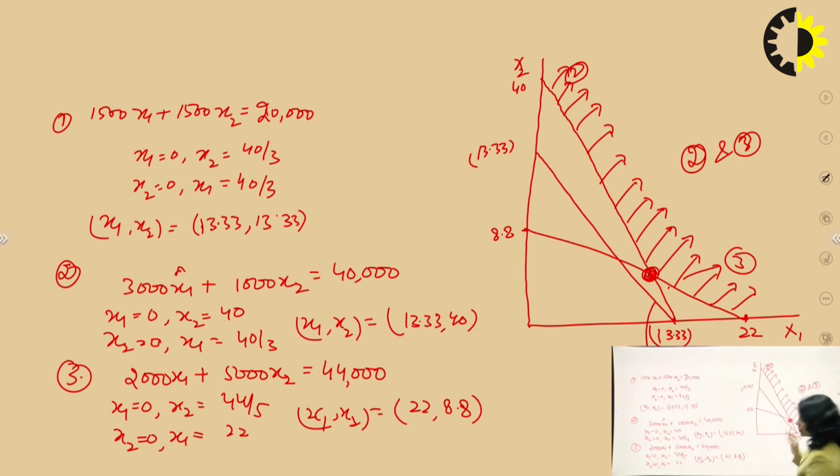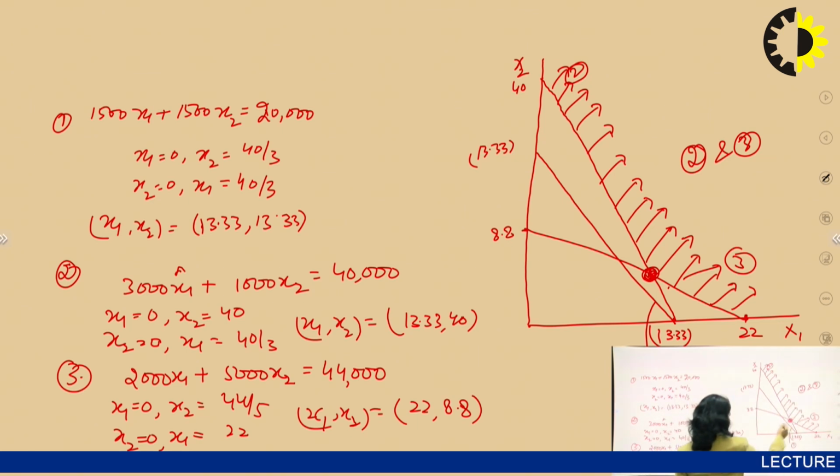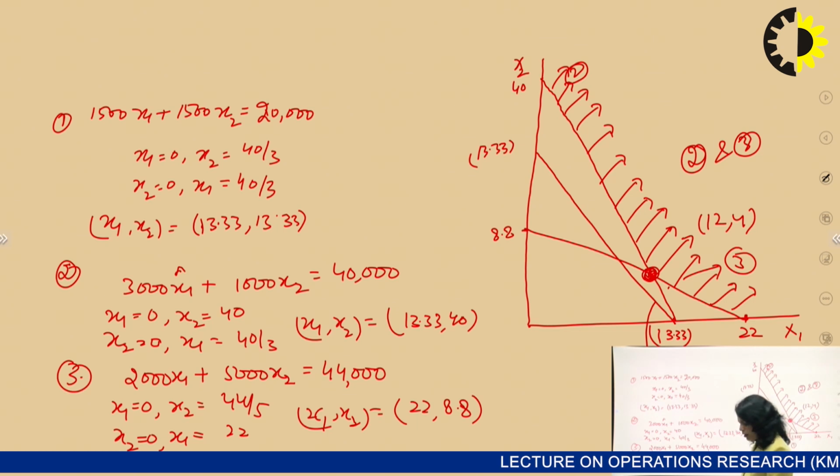So after solving the second and third equation, we get this intersection point. When we solve this, we get the coordinates as 12 and 4.